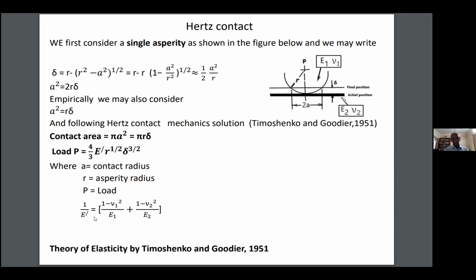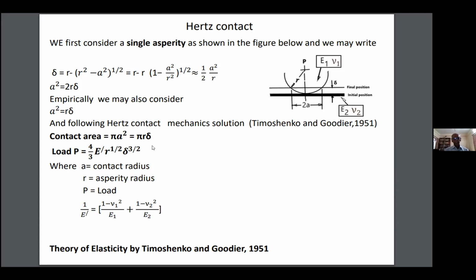It has an equivalent elasticity of E dash, and the load is given by 4/3 E dash r to the power half delta to the power 3/2. Remember, this will be used later on for further derivation. These two are very useful equations for our further analysis.